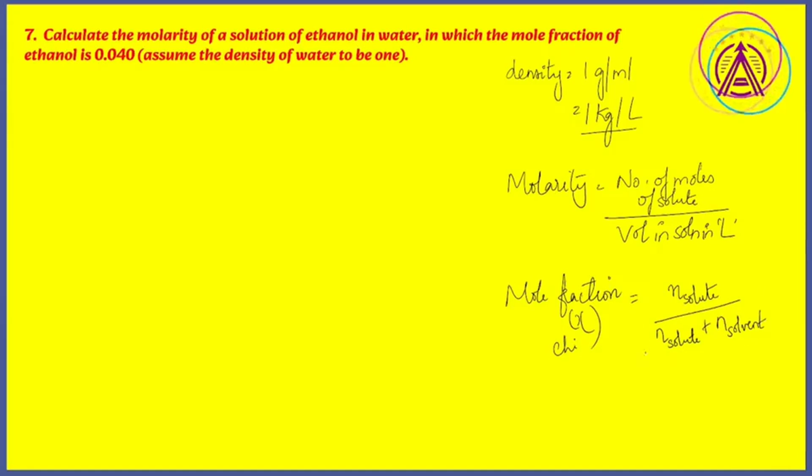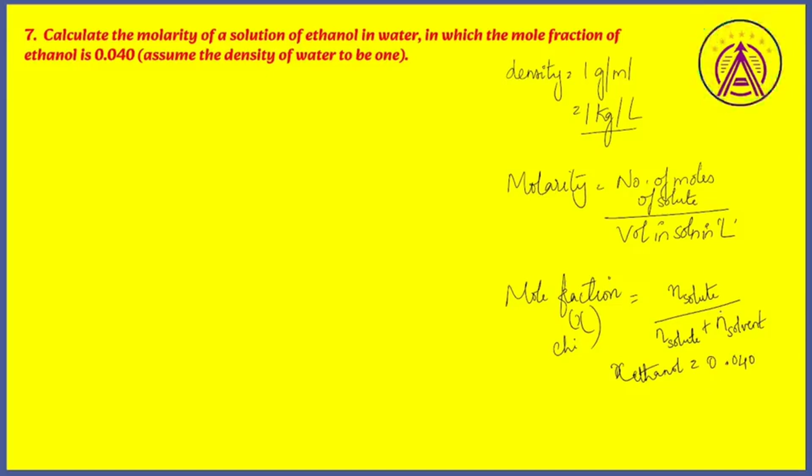Okay. So what have they given you in your question? This mole fraction for ethanol, that is your solute, because you're putting ethanol in water over here. So mole fraction of your solute, chi ethanol, is nothing but 0.040 units. Okay.